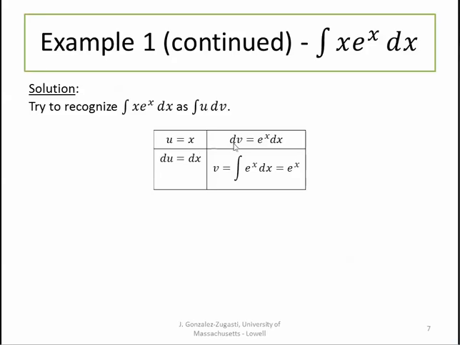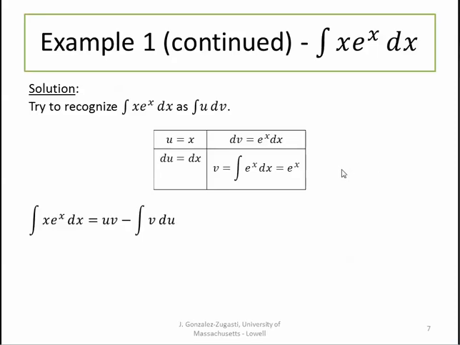Now, when we do that, I can figure out what du is by taking the derivative. So I get that du is equal to dx, and I can figure out what v is equal to because v is equal to the antiderivative of e to the x dx, and we know what that is. It's equal to e to the x.